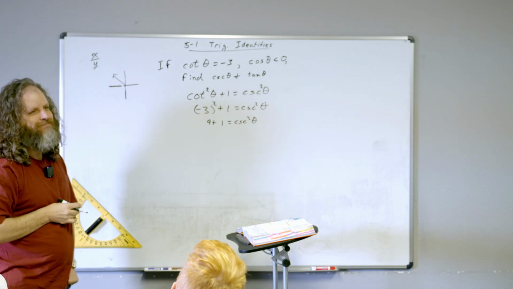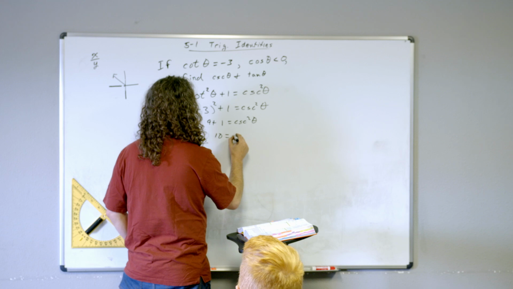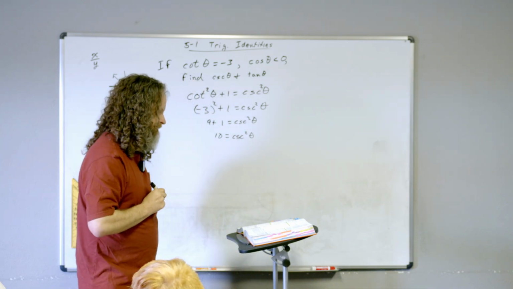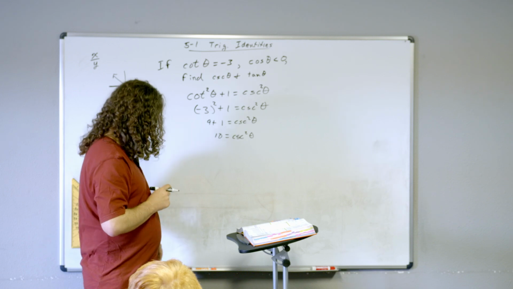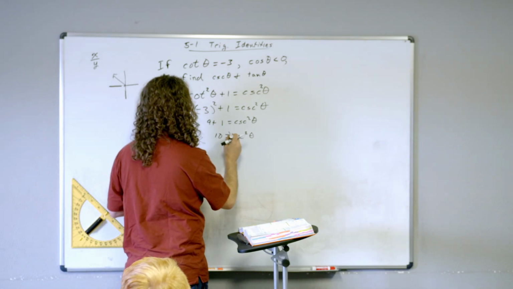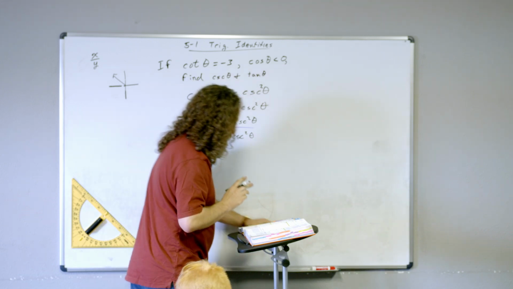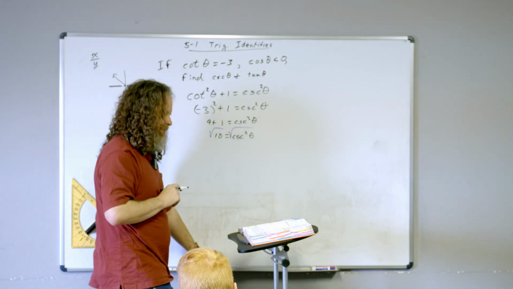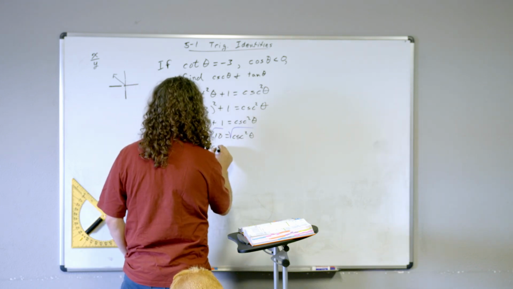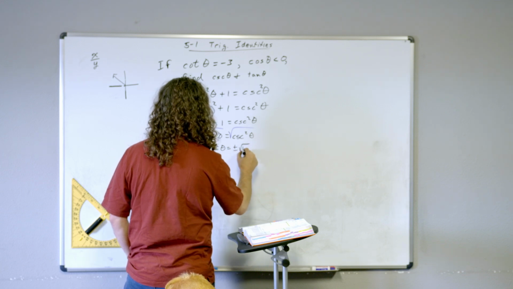What do we do now? Add. Yeah, so 10 equals the cosecant squared theta. Then we have to square root both sides. That's true. So the cosecant, now pay close attention here. The cosecant of theta equals plus or minus the square root of 10.